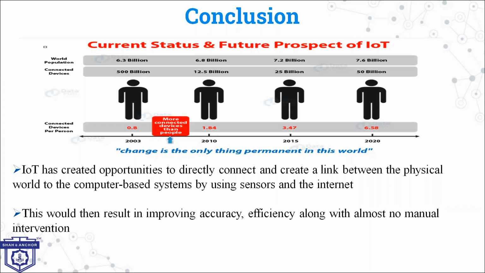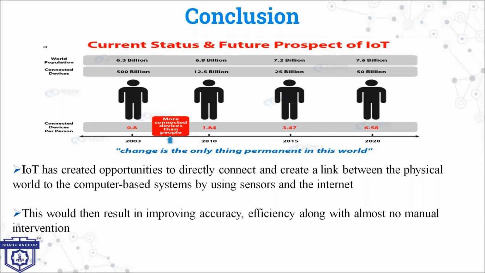In 2020, you can see connected devices of 50 billion, whereas the world population is 7.6 billion. Means the connected devices are more than the people. This is how most of the devices are getting connected nowadays.